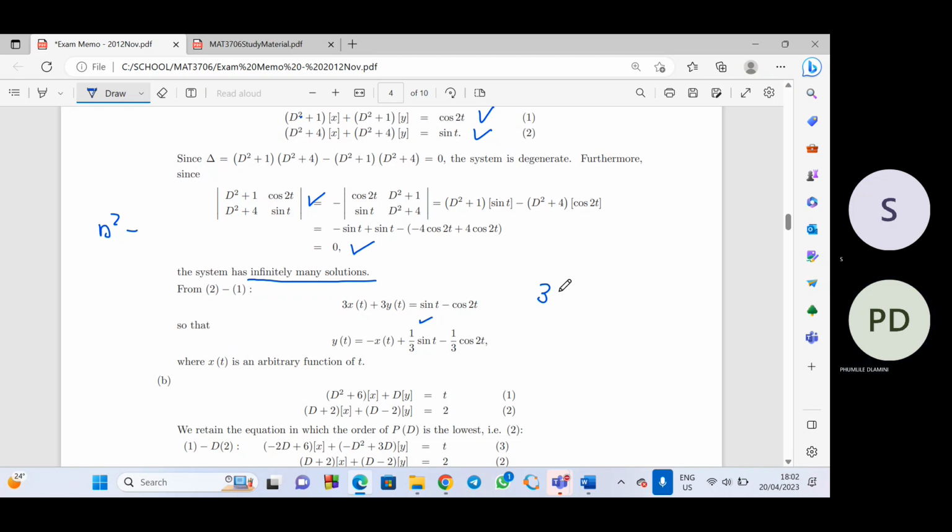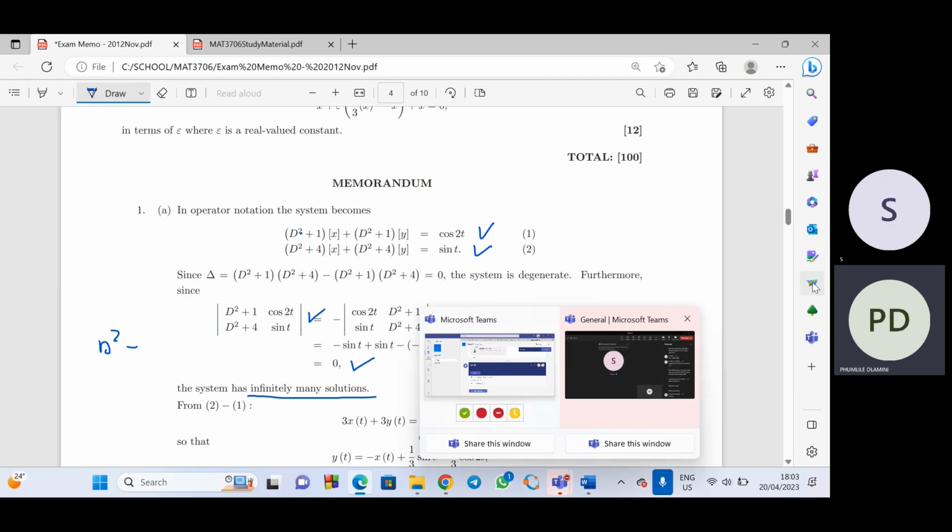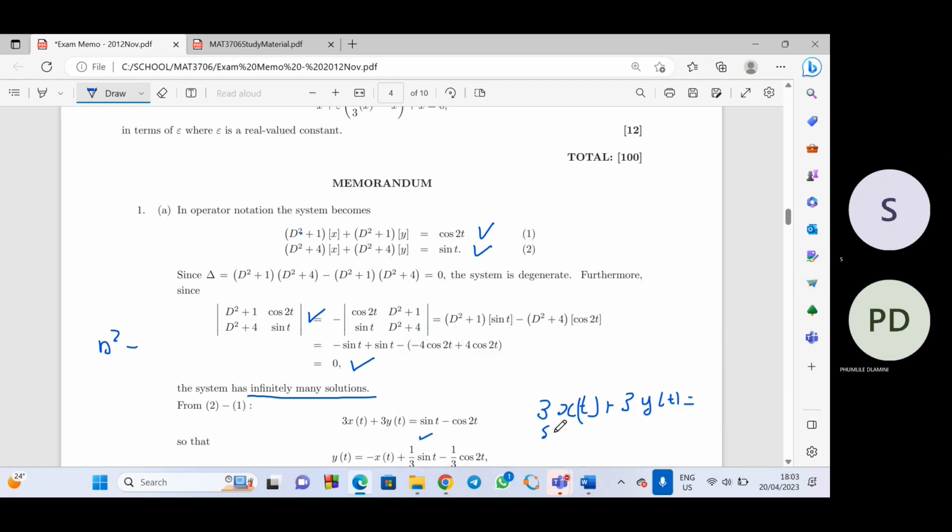So it's going to be 3x of t, because this x here is a function of t. Then plus this one here, this one minus this one is going to give you 0. But 4 minus 1 is going to give you 3y of t, which is equal to sine t minus cos 2t.